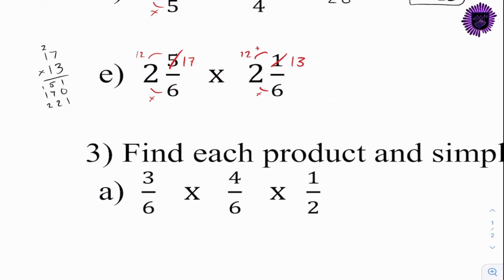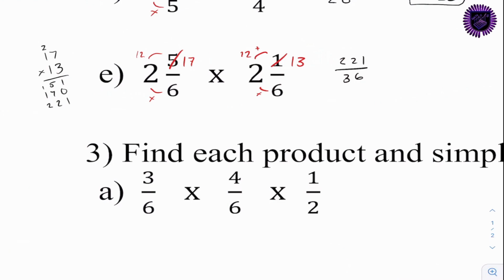Okay, so 221 over 36. 221 over 36. How many groups of 36 are in 221?